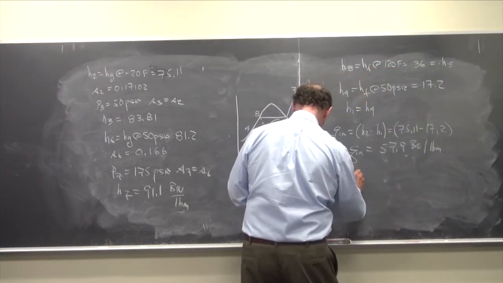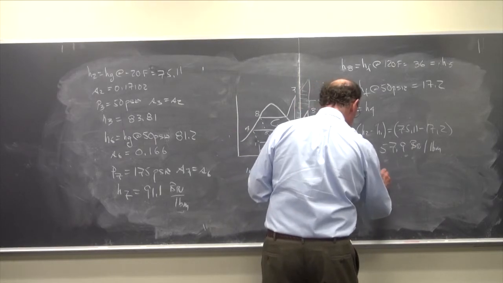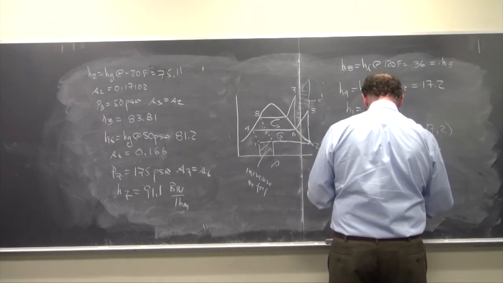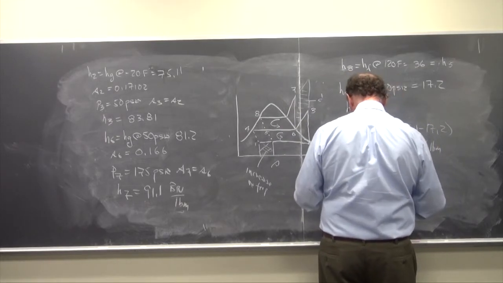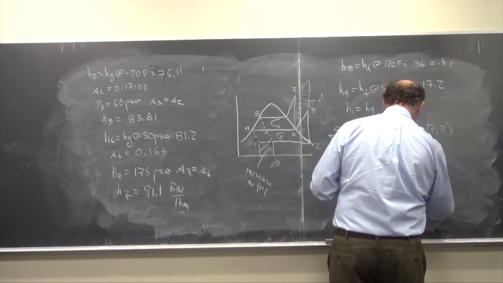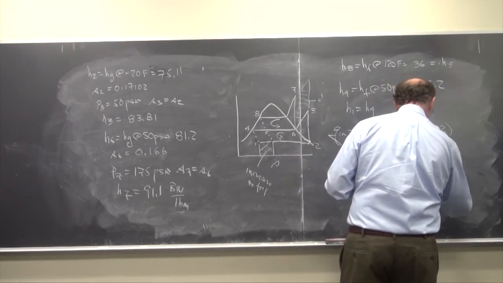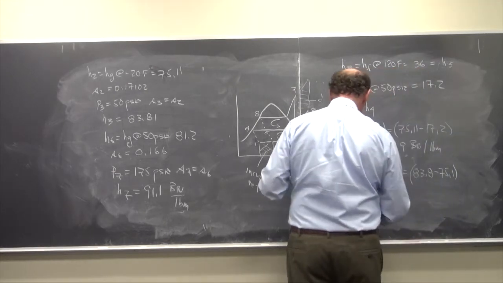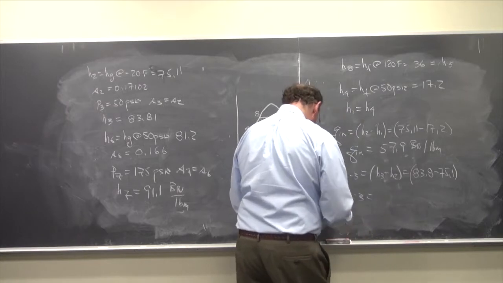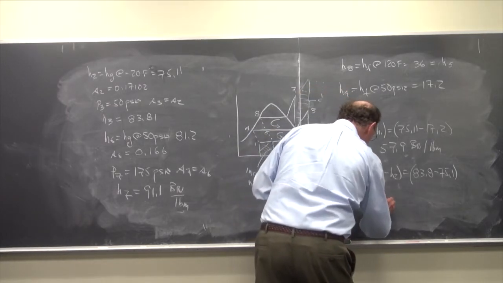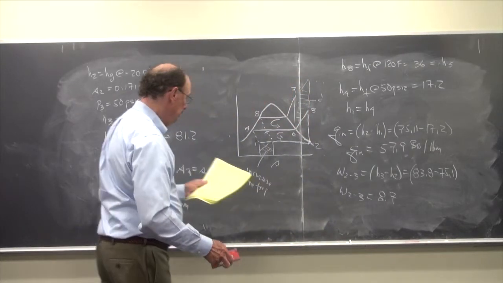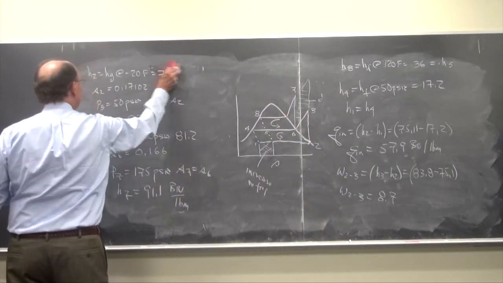W23 is equal to H3 minus H2, which is 83.8 minus 75.1. So W23 is equal to 8.7. And now I'm going to find W67.